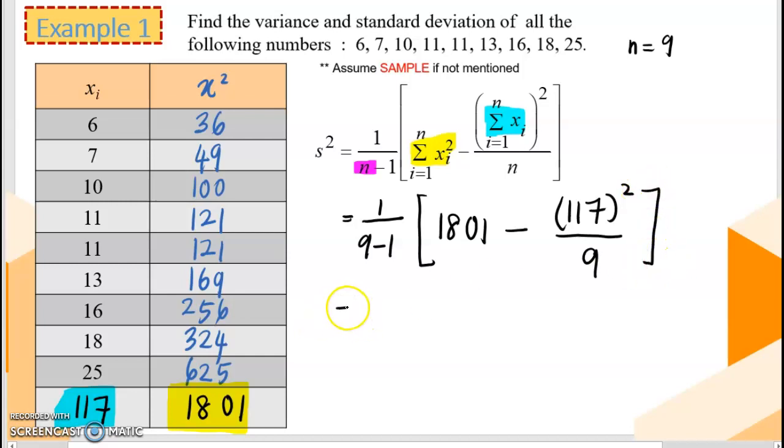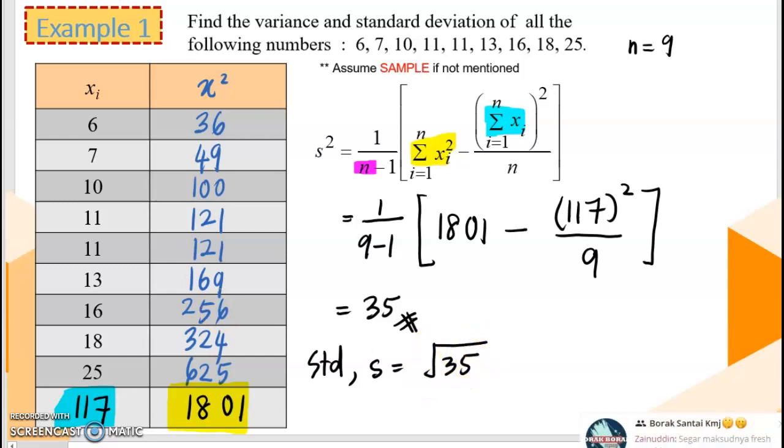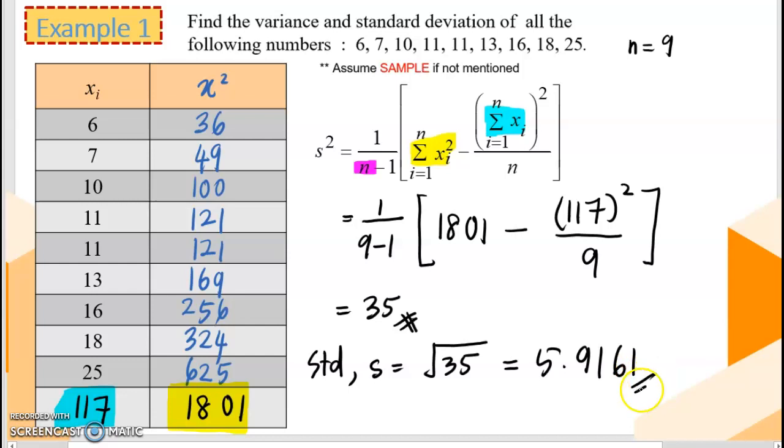Calculate, we are going to get 35. So our variance is equal to 35. The standard deviation will be s, meaning square root of 35, which is 5.9161. So this is our standard deviation.